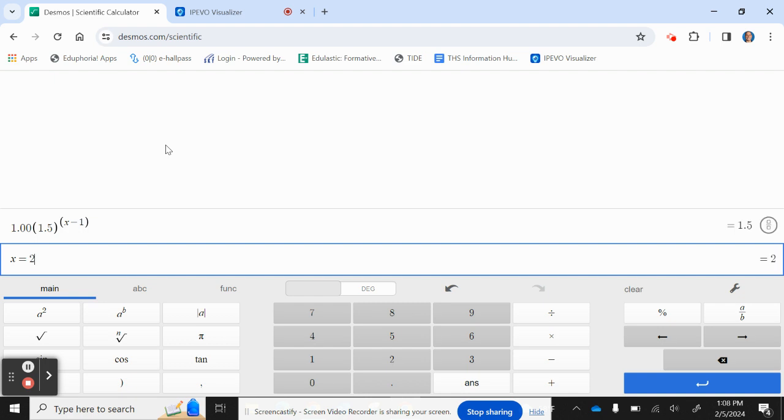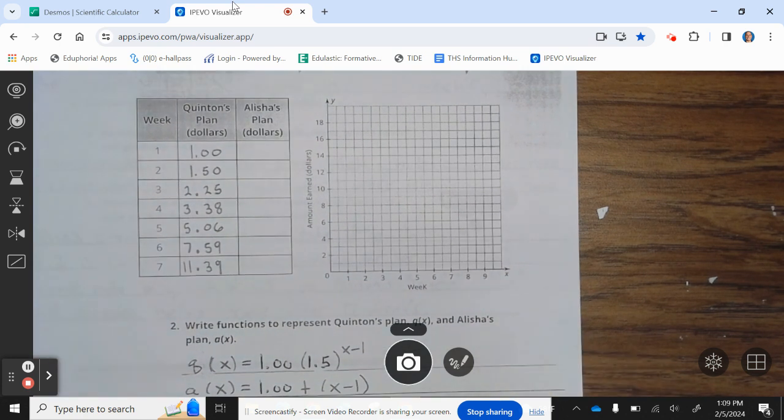All right, now let's do an x is 2. Now let's do x is 3.